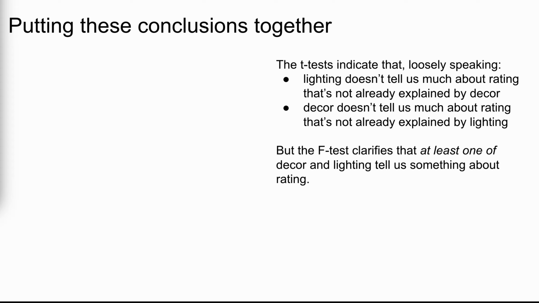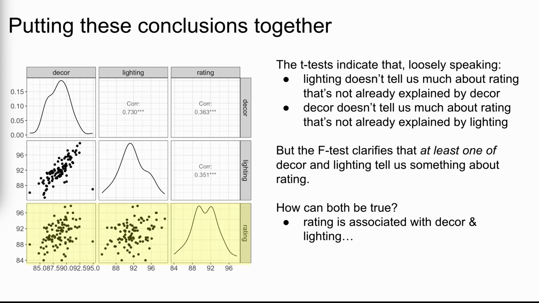Though these conclusions might feel contradictory, they're not. It's important to remember that the t-tests and F-tests are evaluating different hypotheses, and both of their conclusions can be true here. Mainly, as captured by the F-test, rating is indeed associated with decor and with lighting.